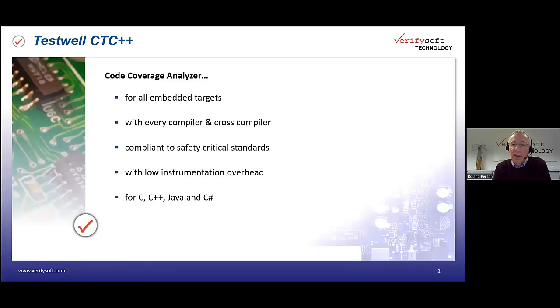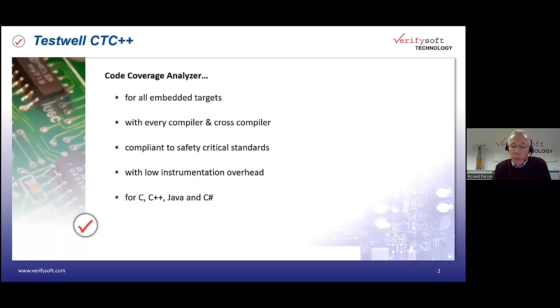You can use it for every project you have. It's compliant to safety-critical standards, so we can measure all kinds of coverage levels that are asked for in the standards. Up to MCDC, the highest one that we see in the standards, is not an issue for our tool.